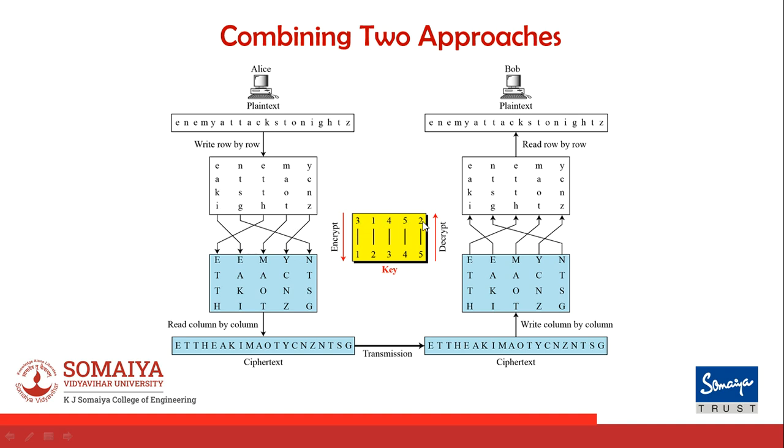So the third column will be the first, the first column will be the second, the fourth column will be the third. This is the way we collect it, and my ciphertext will be this.